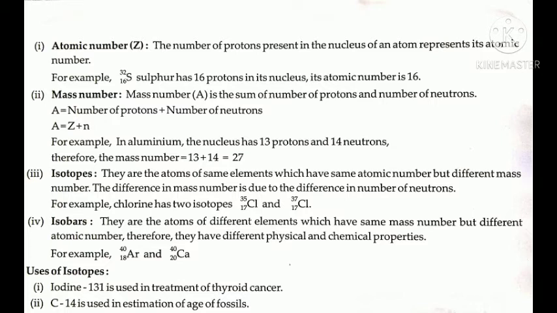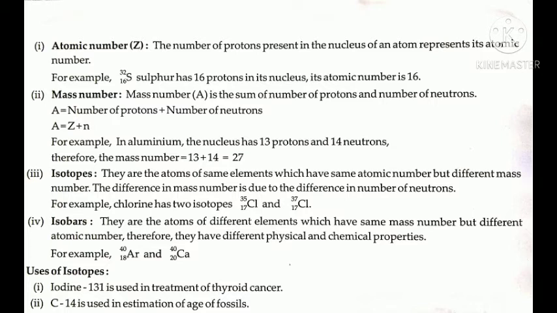For example, sulfur with atomic number 16 and mass number 32. Sulfur has 16 protons in its nucleus. Its atomic number is 16.